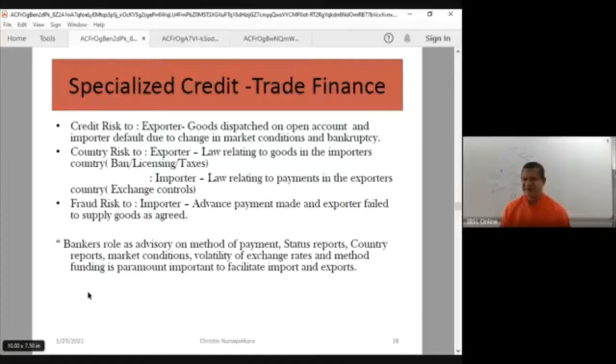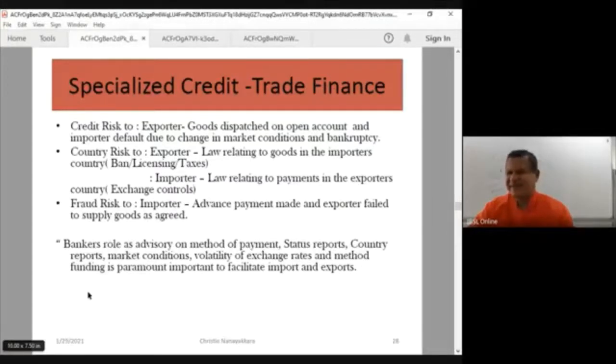Country risk. Now we also have various other areas in this. Country risk to export. Once again, you send the goods to customers overseas, and those overseas countries have different types of regulations. They have licensing requirements and tax requirements.